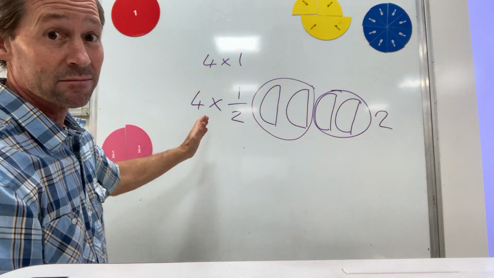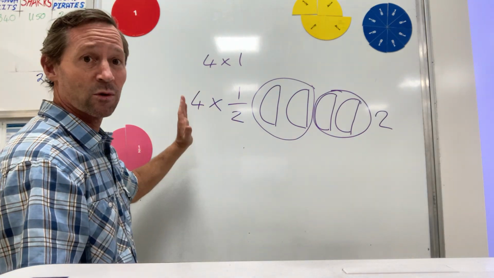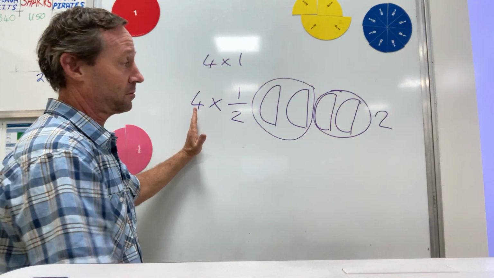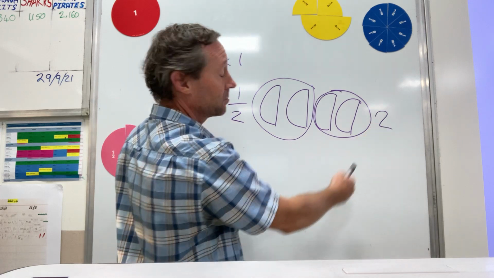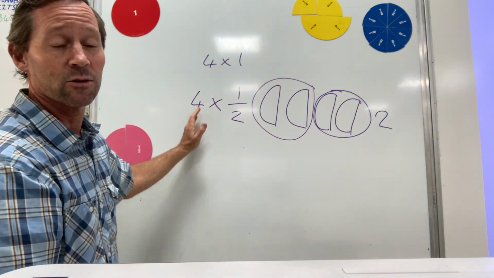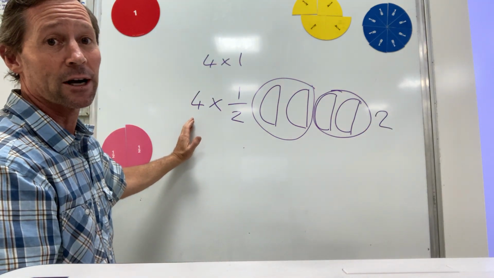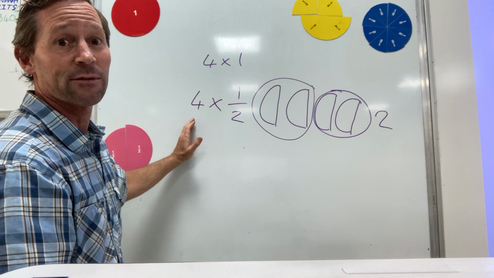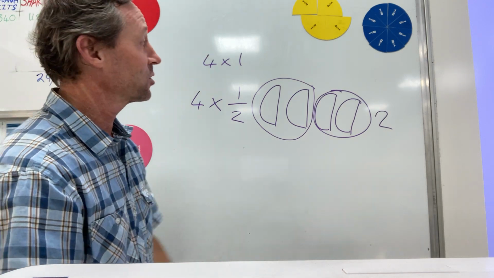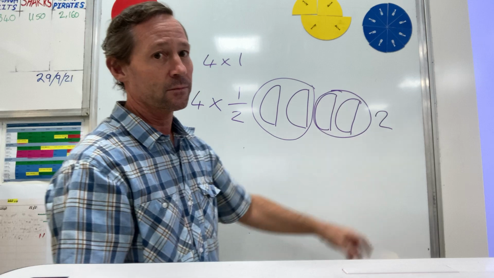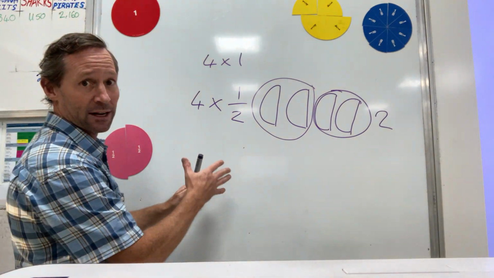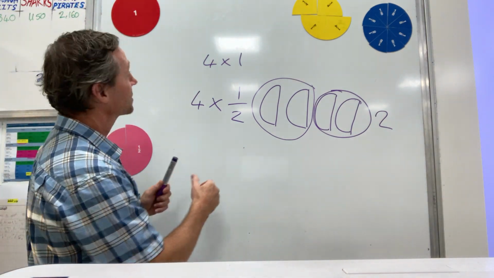Another way you could do it is think of what is half of 4? The answer would be 2. Or another way, you could do 4 divided by 2. Or you could say 4 shared between 2 would give you 2. This is all very well and easy when it comes to even numbers.